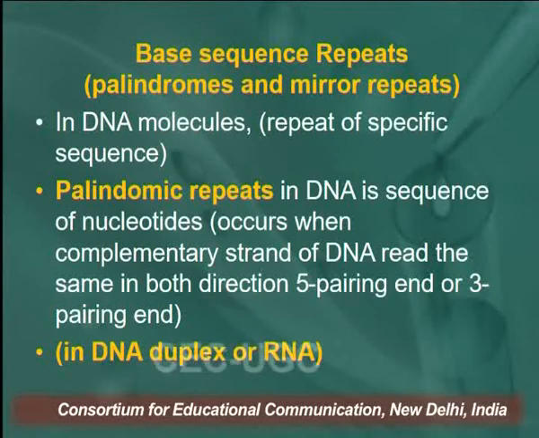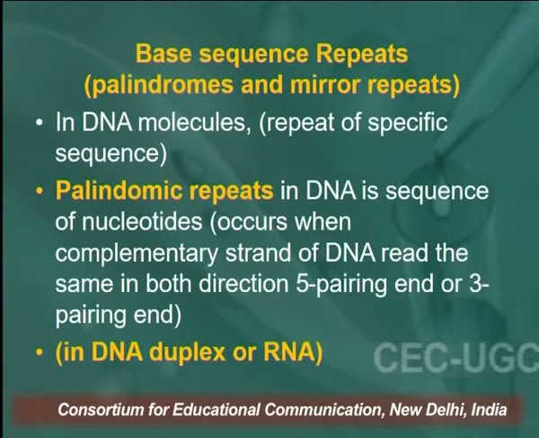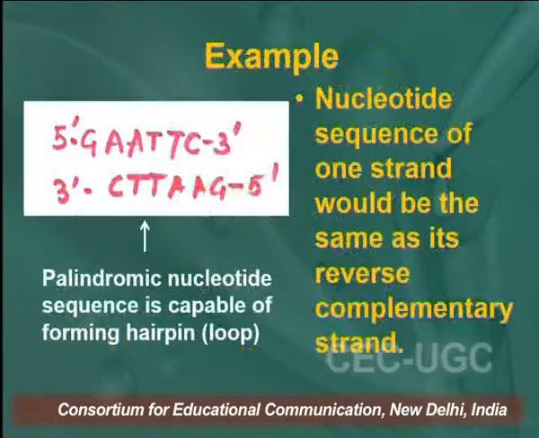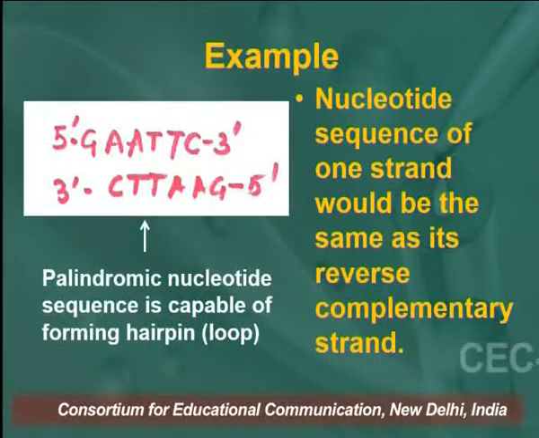So, palindromic repeats in DNA are a sequence of nucleotides that occurs when the complementary strand of DNA is read in the same direction, 5 prime to 3 prime, as the top strand, whether we are talking about the DNA duplex or RNA. For example, you can see here I have represented 5 to 3.